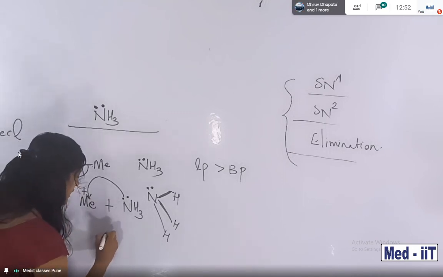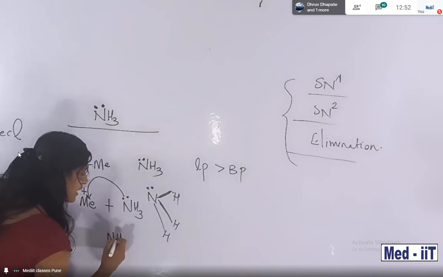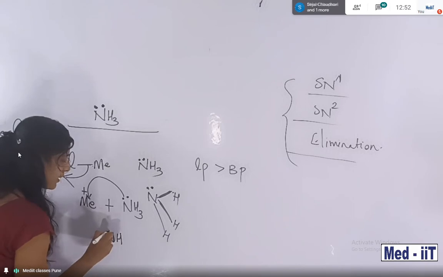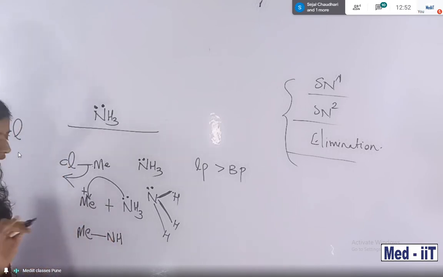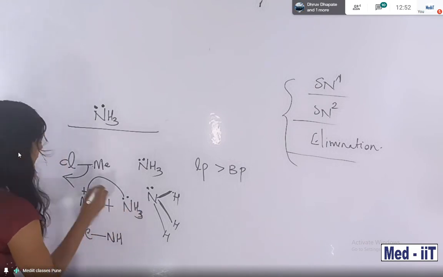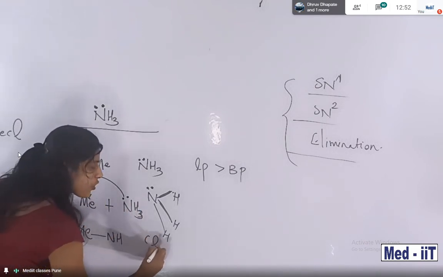So NH is there, and this lone pair bonds with the methyl group. Now what about chlorine? Cl minus is not stable, unstable.